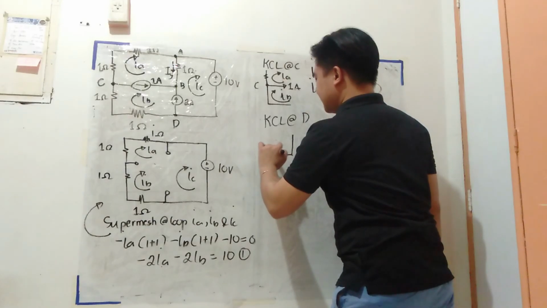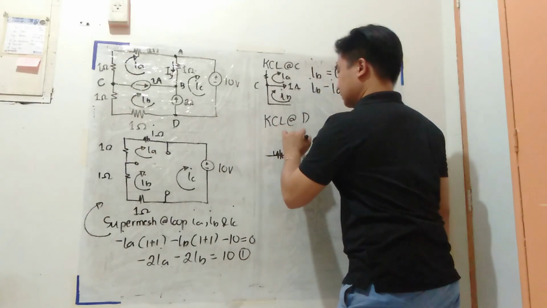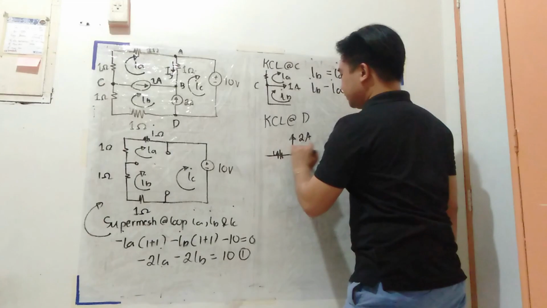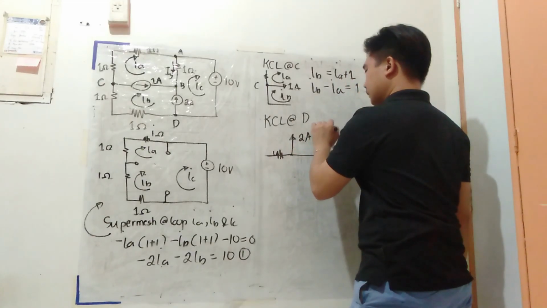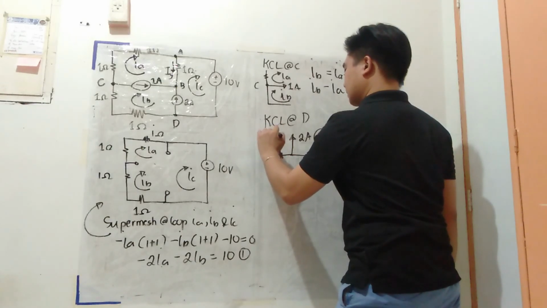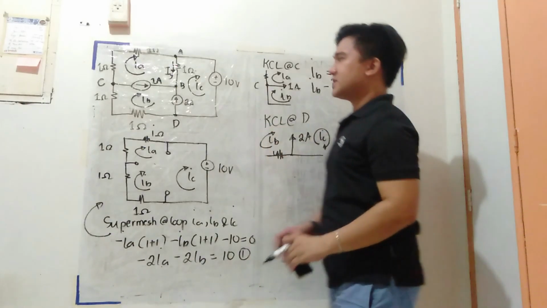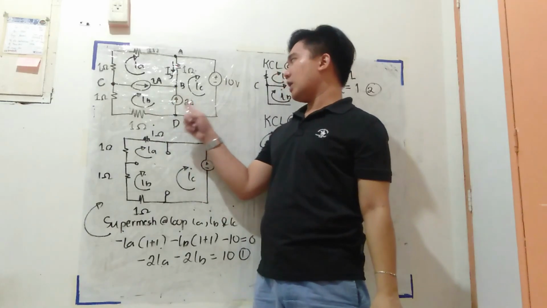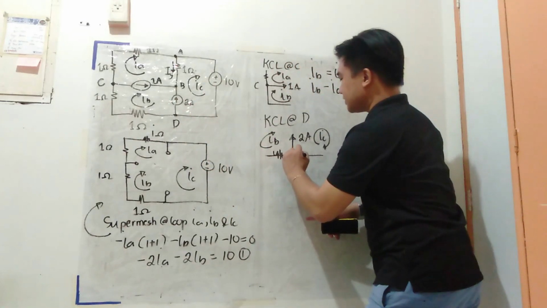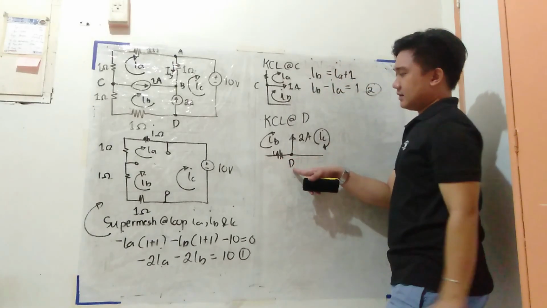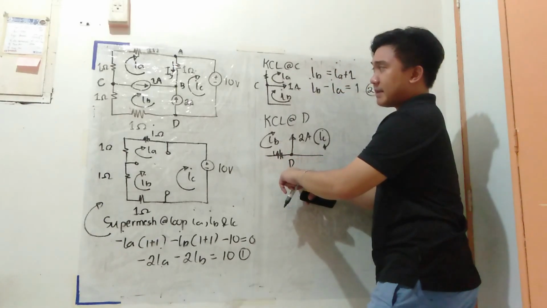So, redraw ko lang si node D. Diba ang involved dyan, mesh current IB, 2 amperes, saka IC. Okay? At kung titingnan mo, ito si node D, at si IB, hindi siya kay node D pumasok.